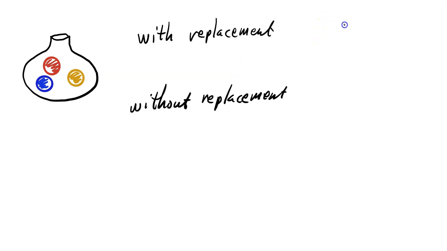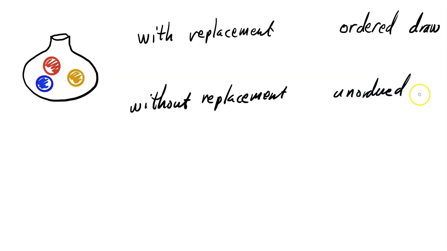And then it can be an ordered or unordered draw. An ordered draw means that we care about the order in which we drew the balls.